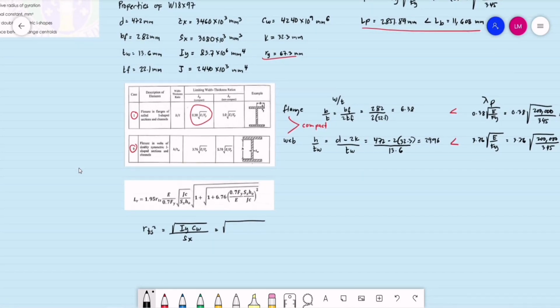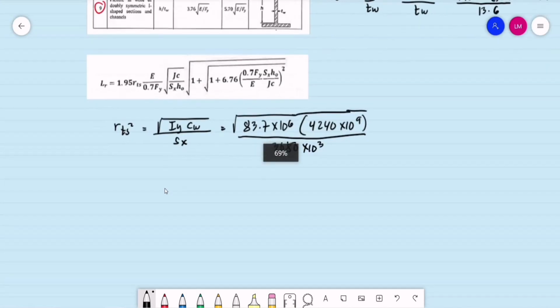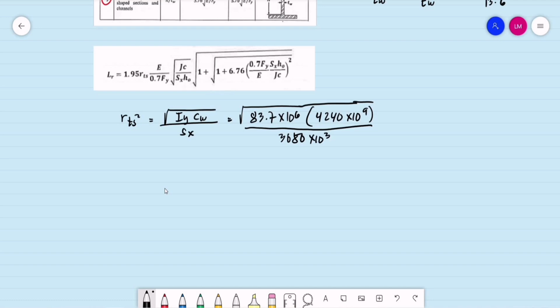We have that as 83.7 times 10 raised to 6, multiplied by the warping constant, 4,240 times 10 raised to 9, divided by the section modulus with respect to the x-axis, 3,080 times 10 raised to 3.